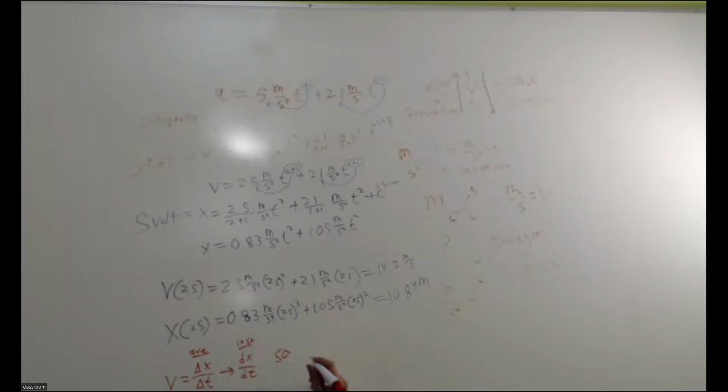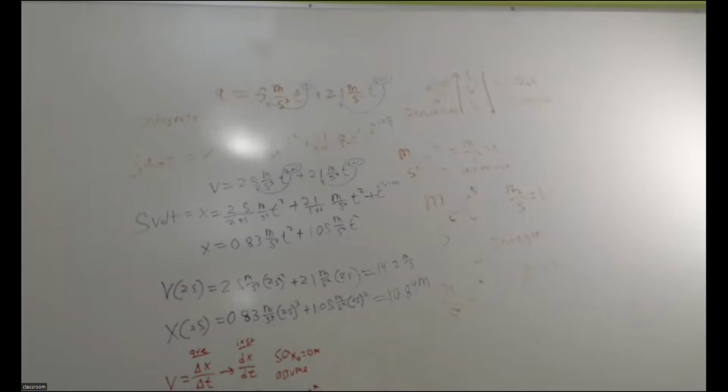So we can kind of assume that x naught is equal to 0 meters and v naught is equal to 0 meters per second.